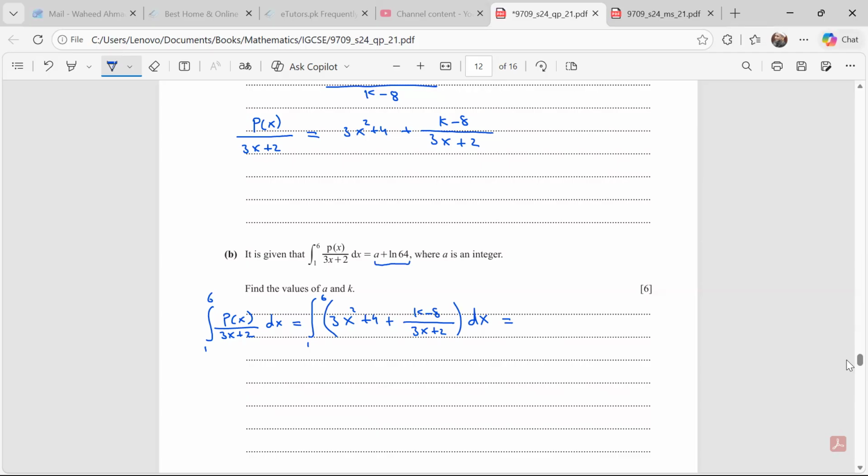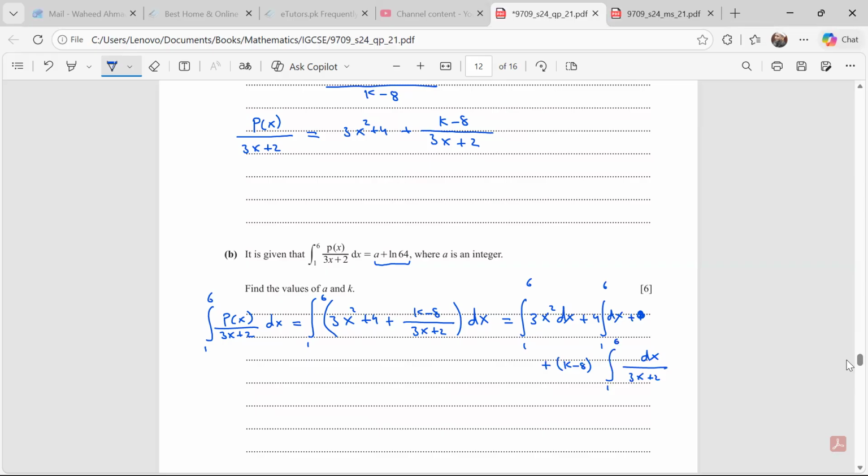So this is going to be integral of 3x squared dx from 1 to 6, plus 4 times integral dx from 1 to 6, plus k minus 8 is a constant, I can take it outside, and the integral is dx over 3x plus 2 from 1 to 6.